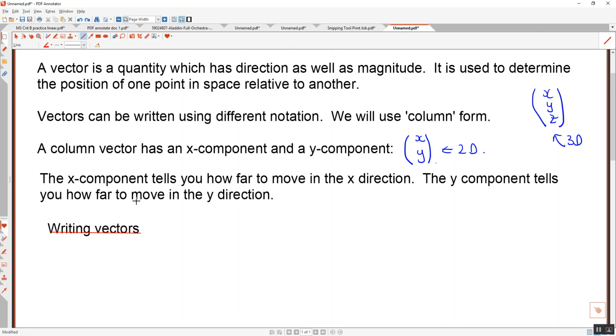It says 2D, 2 dimensions, and if it's like this, it's in 3 dimensions. Okay, so writing vectors. Now there's different ways, and we'll just kind of go through. So, first way.